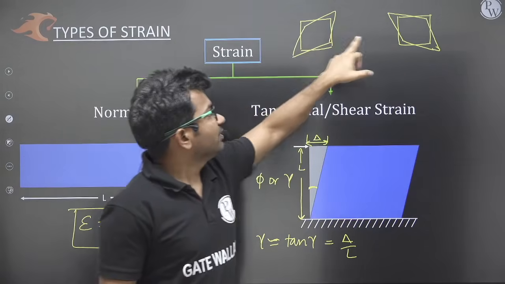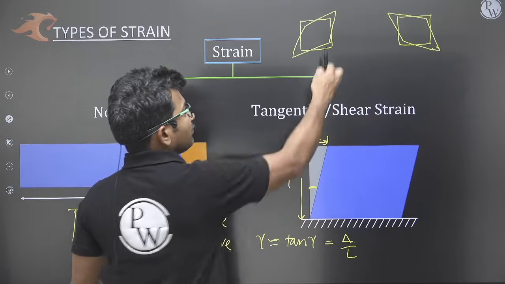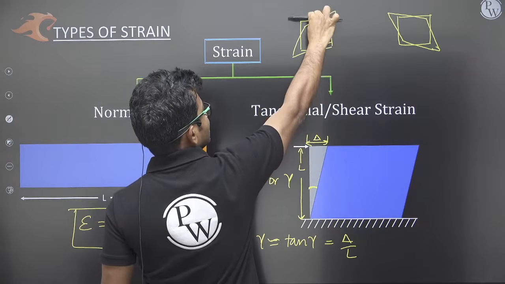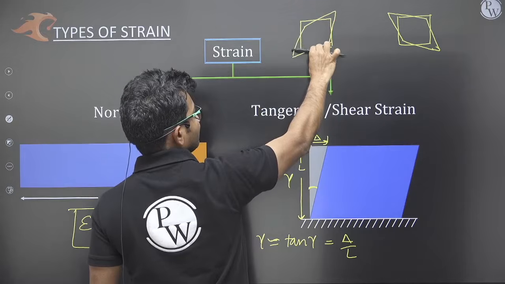Now, which one of the shear strains will be positive? Let us see. This face is the positive x face, this face is the positive y face, this face is the negative x face, this face is the negative y face.